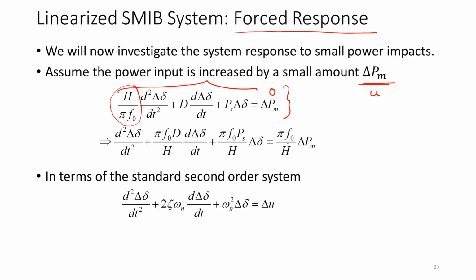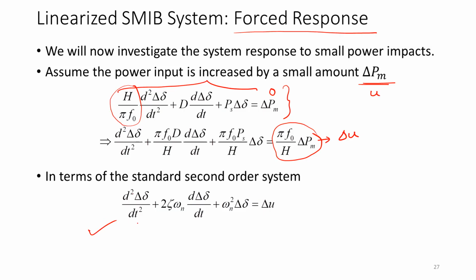On the right hand side, you have pi f naught by H. This entire thing can be taken as my input, delta u.